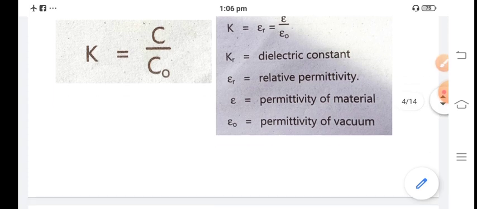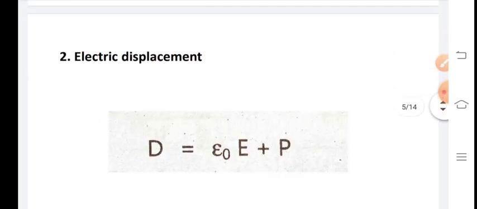Now our second parameter is the electric displacement. The electric displacement field in a dielectric material is defined as D is equal to epsilon naught E plus P, where epsilon naught is the permittivity of free space or vacuum, E is the electric field, and P is the polarization density of the material.